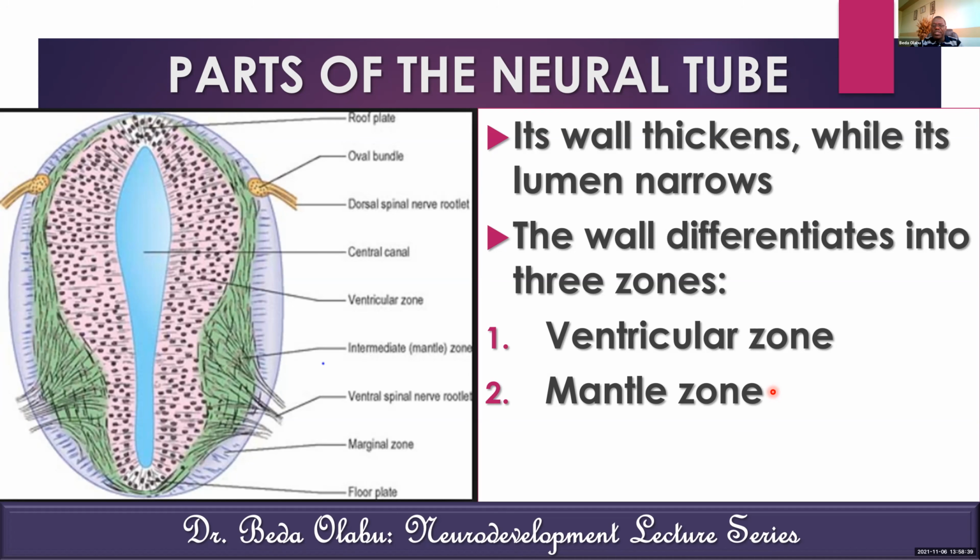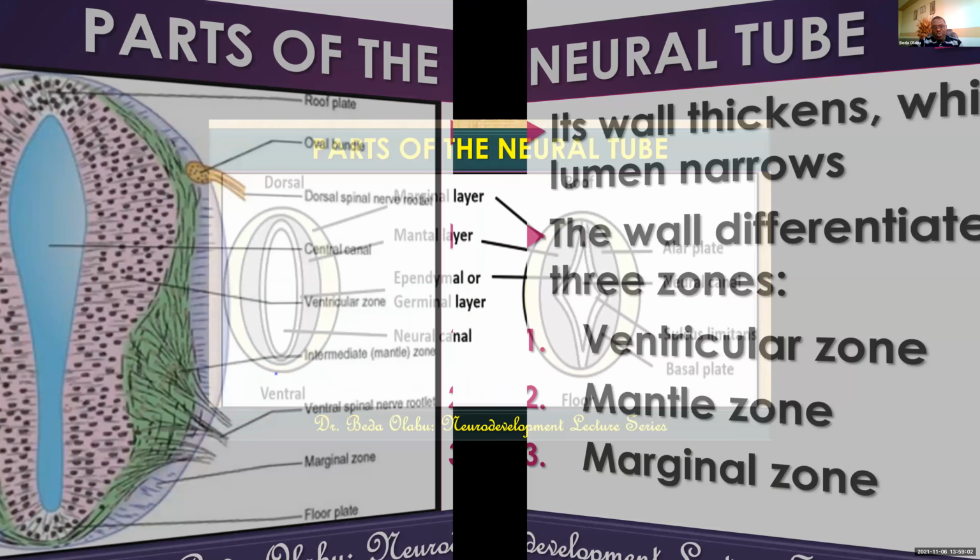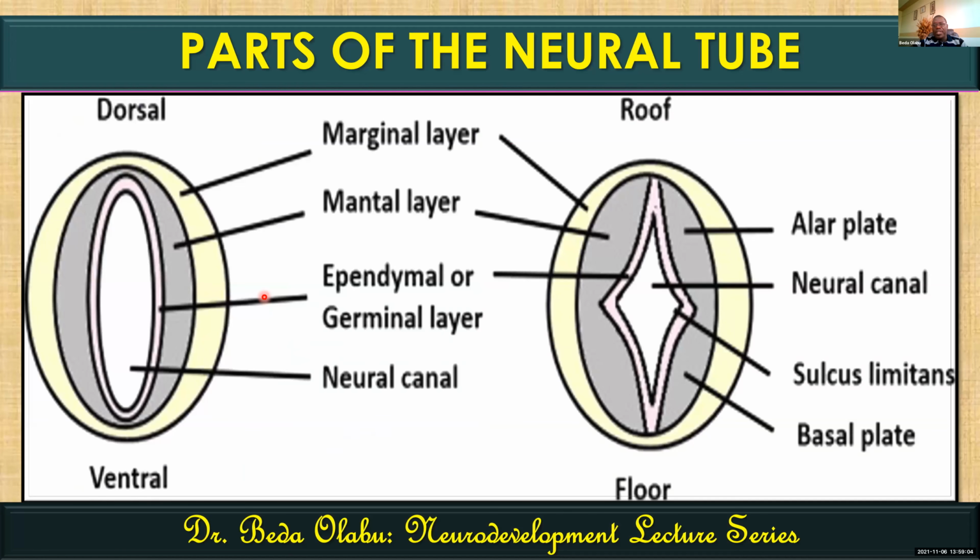It will give rise to the gray matter, basically. And then we have the marginal zone. The marginal zone gives rise to the white matter. It contains axons of neurons, so giving rise to white matter. I want you to remember those 3 histological zones, because we'll be revolving around them when we talk about differentiation of the spinal cord.